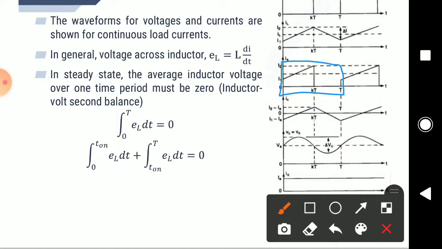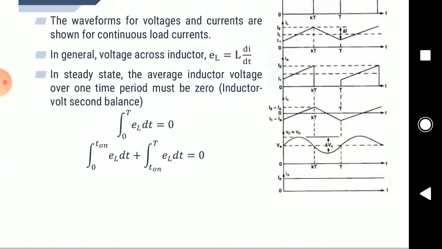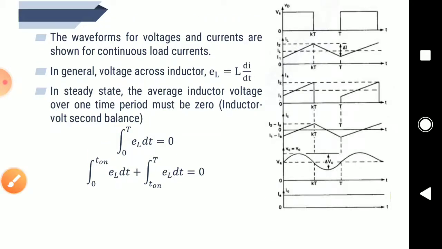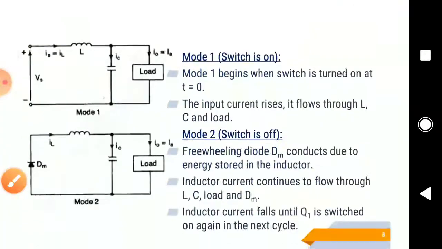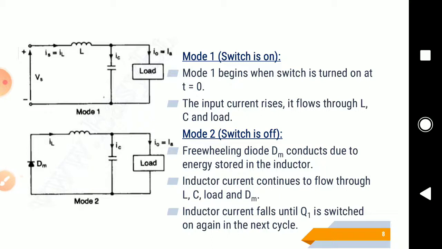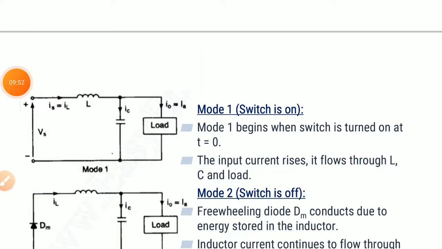Now if you are taking the voltage across an inductor, you can just take the integral of the voltage waveform. Now we can see what is the value of the inductor voltage during particular conditions.